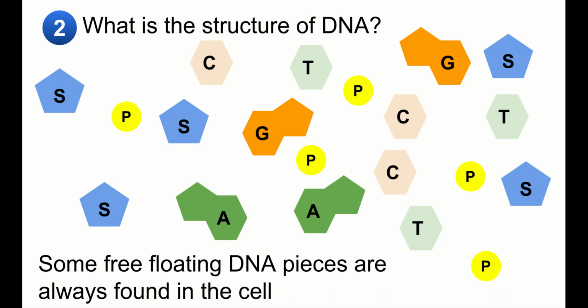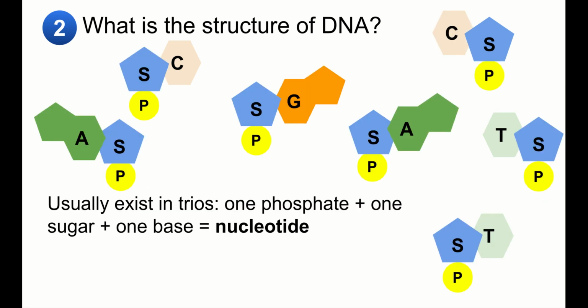But they're usually not alone. These three parts usually exist connected together into a trio of one phosphate, one deoxyribose sugar, and one nitrogenous base. This is called a nucleotide.